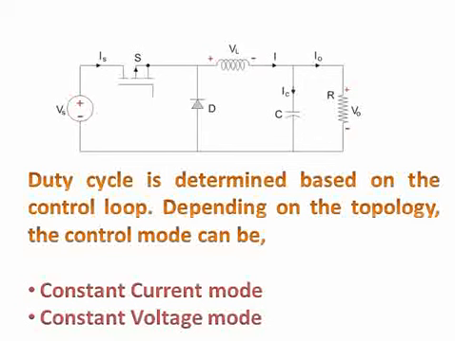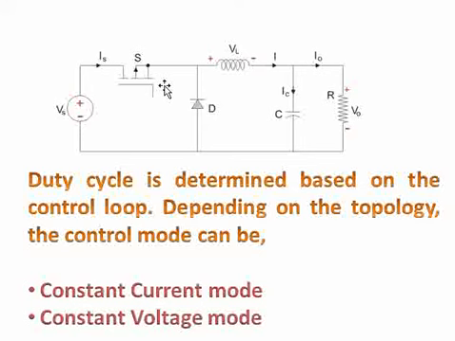This duty cycle is determined by a section of the switching regulator called the control loop, which generates the control for this MOSFET. This control loop has two different topologies based on the mode in which it operates.